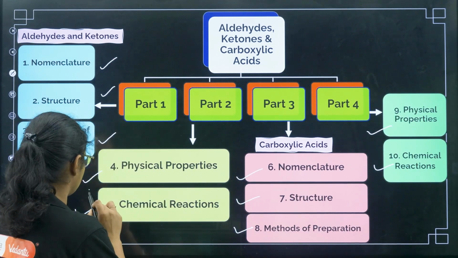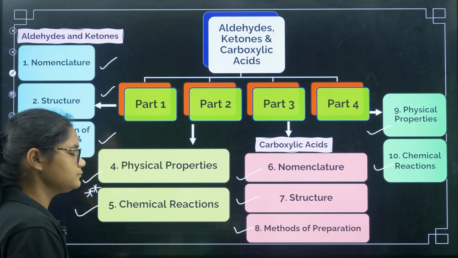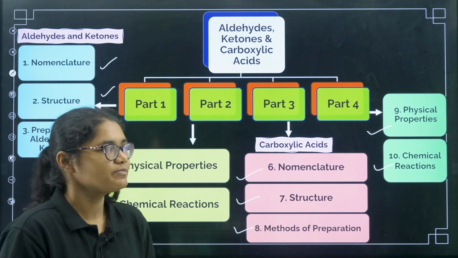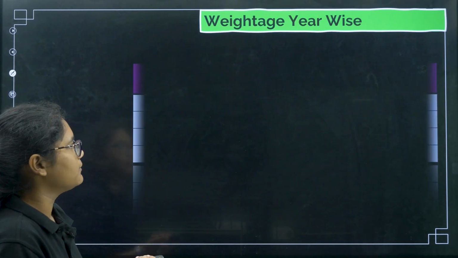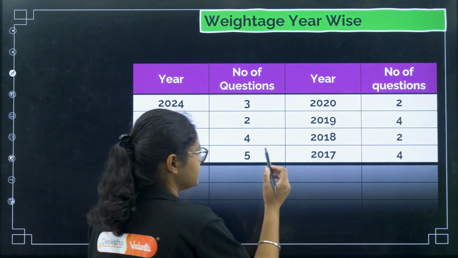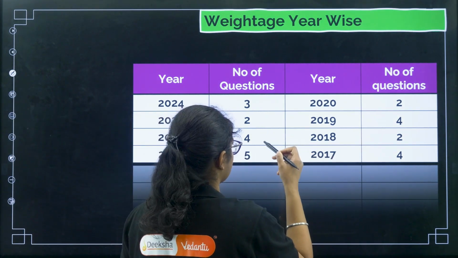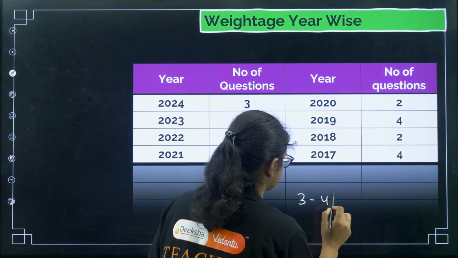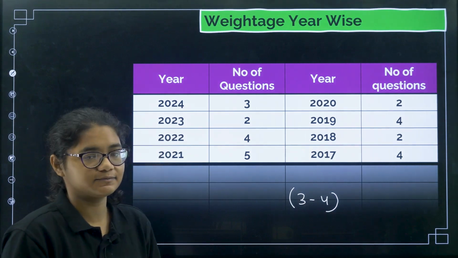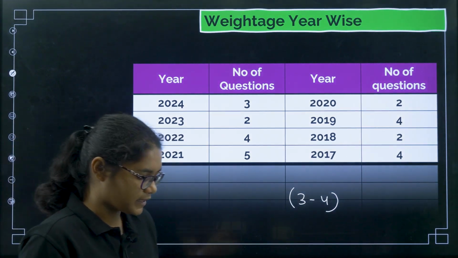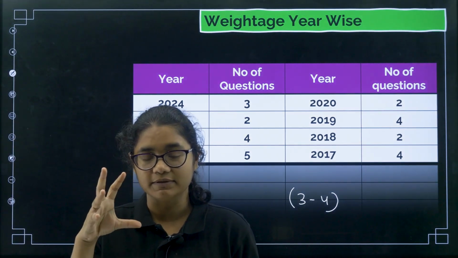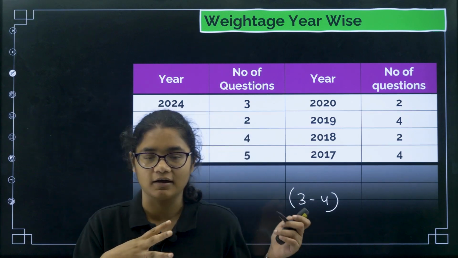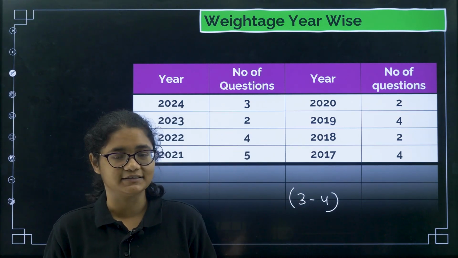This is a very important topic, okay? Weightage wise, you can easily see it is a very high weightage topic, 3 to 4 questions you can expect from this particular chapter. In organic chemistry, the questions will not be solely from this aldehydes, ketones and carboxylic acid chapter.